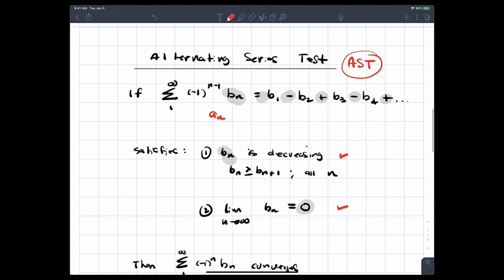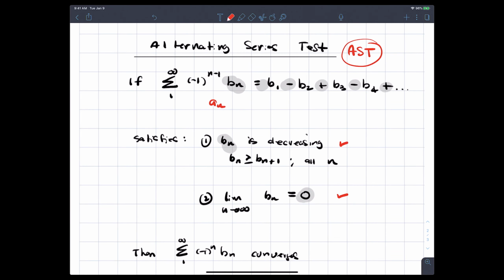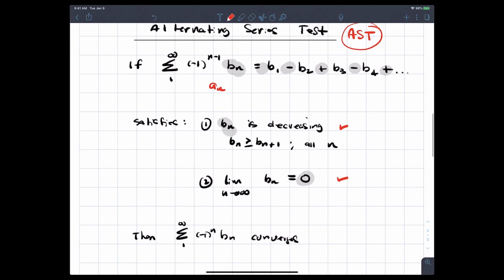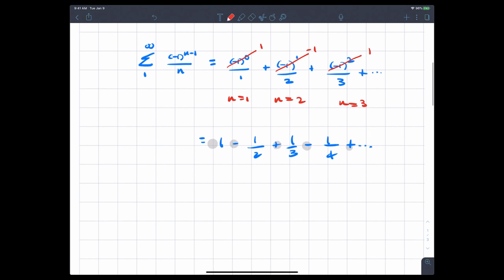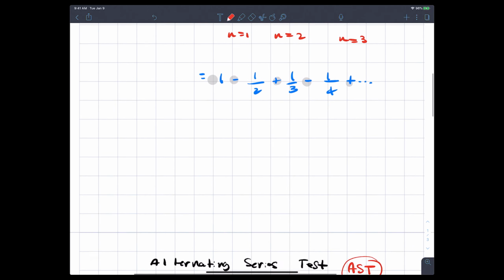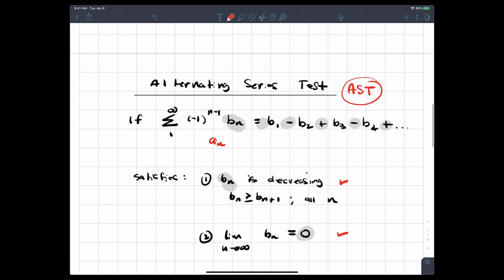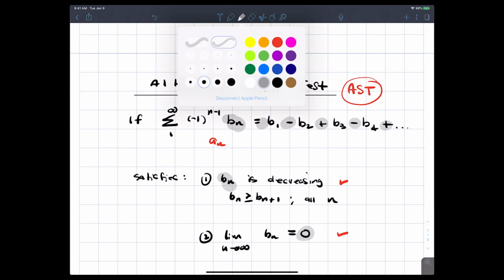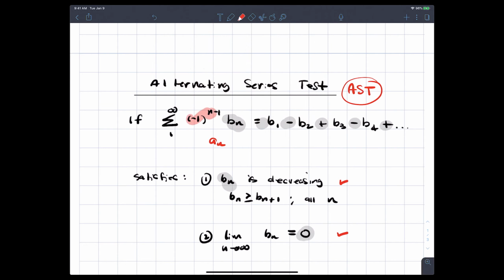So here's our alternating series. Now, if we go back to that first example, this is a series they gave us. Notice what Bn is. Bn does not include the alternating mechanism. So I'm going to color this red and say this is the alternating mechanism.